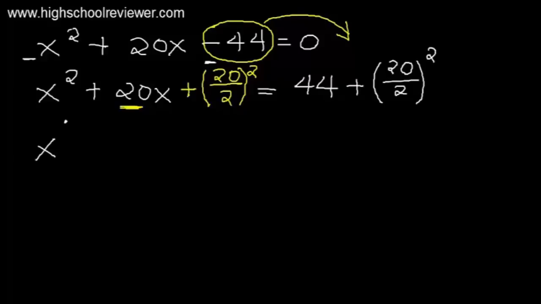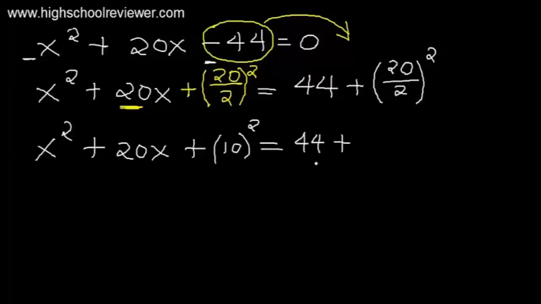So x squared plus 20x plus 20 divided by 2 is 10. So we have here 10 raised to the power of 2. 44 plus 20 divided by 2, that is 10 raised to the power of 2.